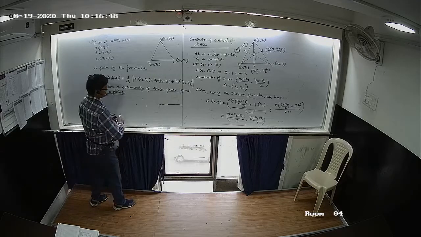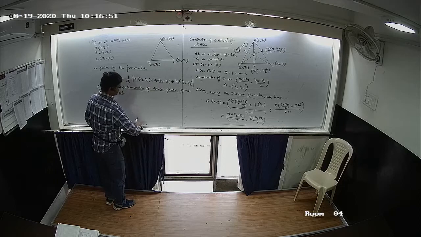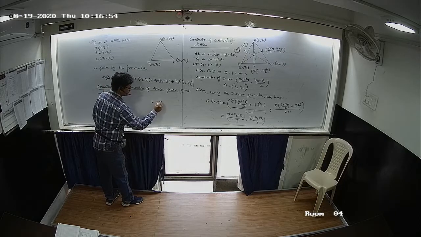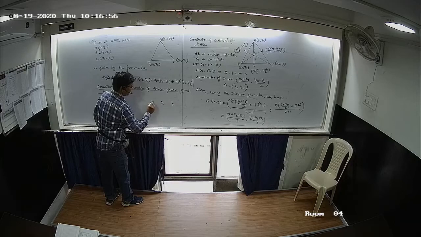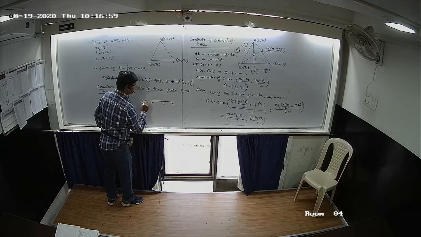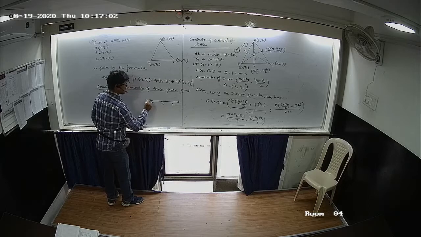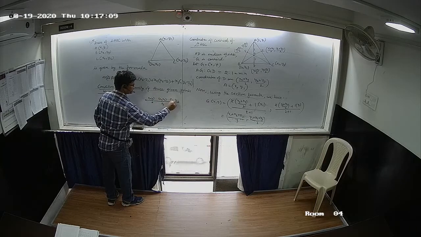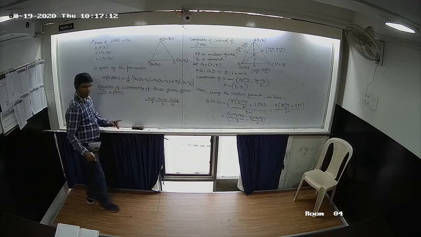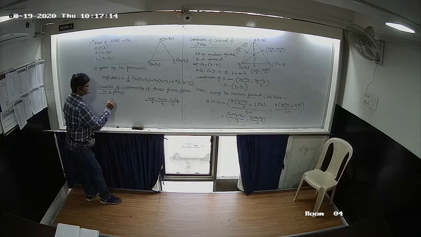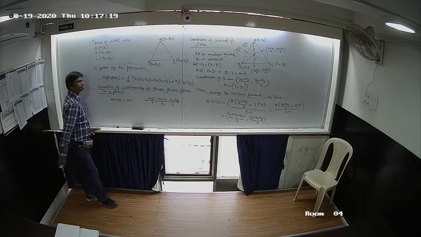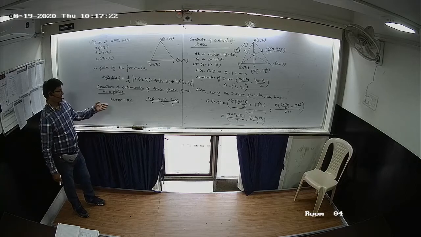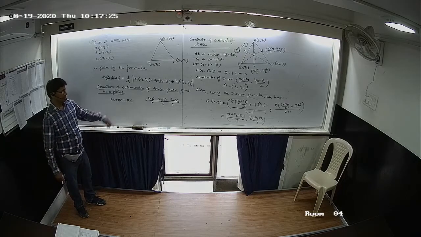The first condition is, if the 3 points A, B, C, say x1, y1, x2, y2, and x3, y3, are collinear, then AB plus BC should be equal to AC. This is the first condition.